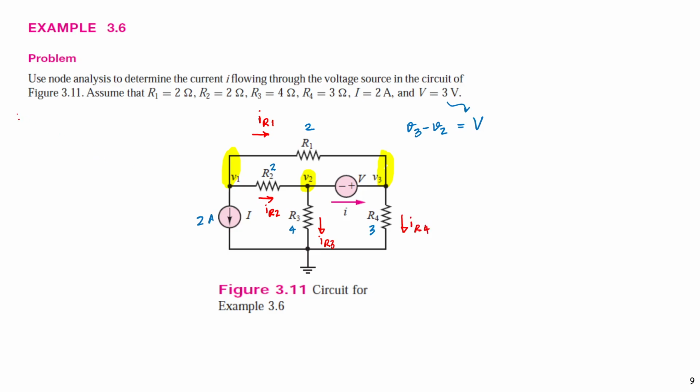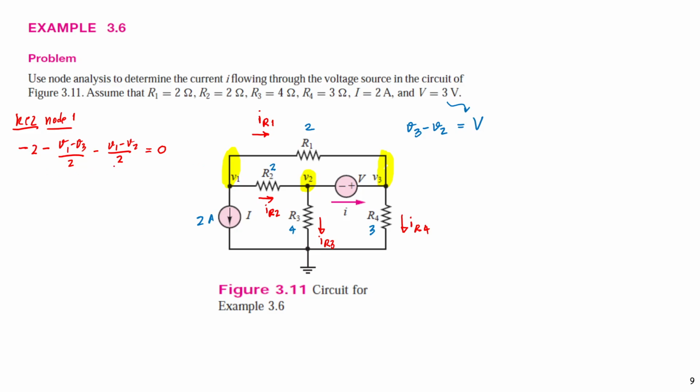So if we apply KCL at node 1, flowing out is negative: minus 2, minus (V1 minus V3) divided by 2, minus (V1 minus V2) divided by 2 again, equal to 0, right?